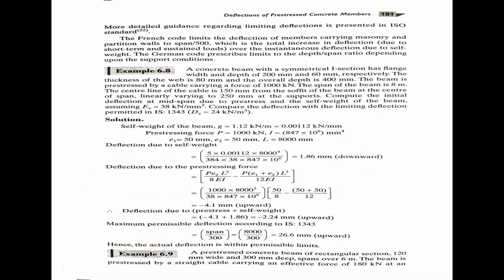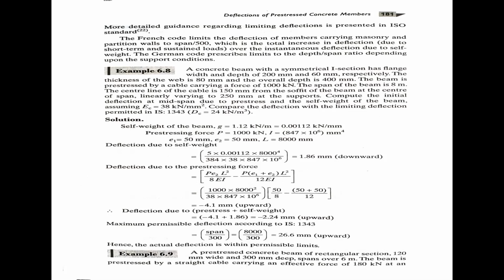Now the eccentricity, how to take the eccentricity. Again, I will read the problem clearly. A concrete beam with a symmetrical I section has flange width and a depth of 200 mm and 600 mm respectively.